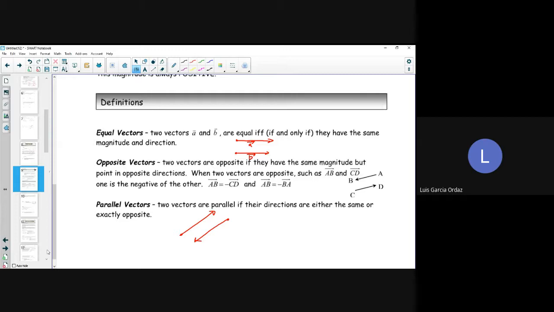So the magnitudes may or may not be the same for this one, but as long as they're parallel, that is completely fine. Or an example of that where the magnitude isn't the same, you have this short little vector over here, but this one is bigger by twice the size. But because they are parallel and they move in opposite directions, they are considered to be parallel. Even though one is bigger than the other, they will never meet or touch.